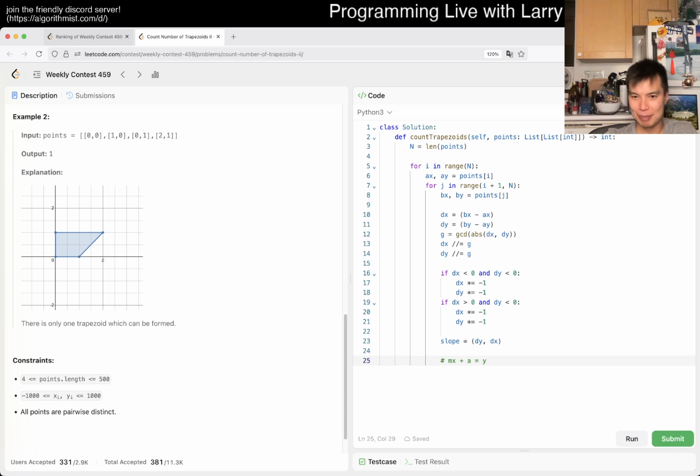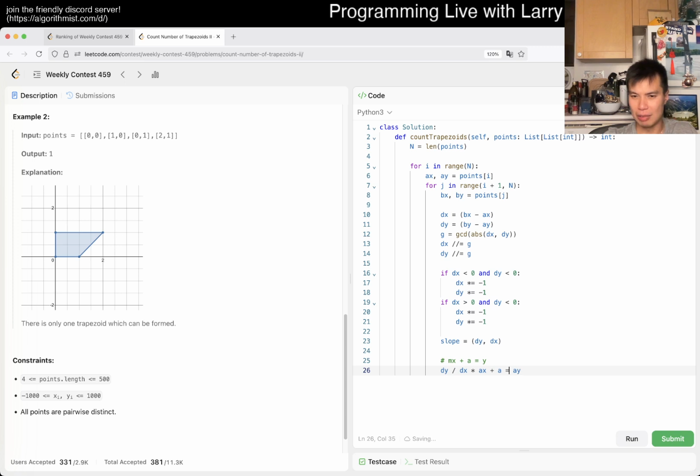Okay, but let's just try it out. So that's a slope in whatever form, but now we want it in integers. Okay, so you have dy. I'm trying to keep it integer, that's why I'm trying to figure out how to do times x plus a is equal to. So let's just say ax, ay.